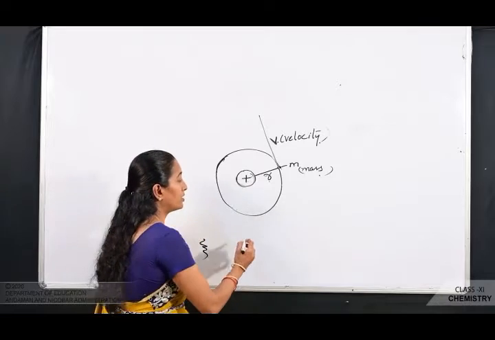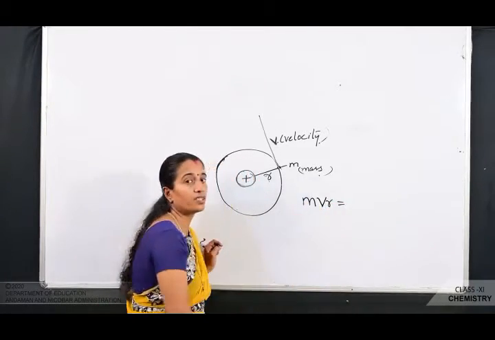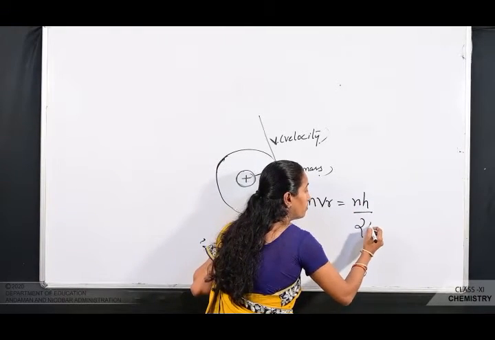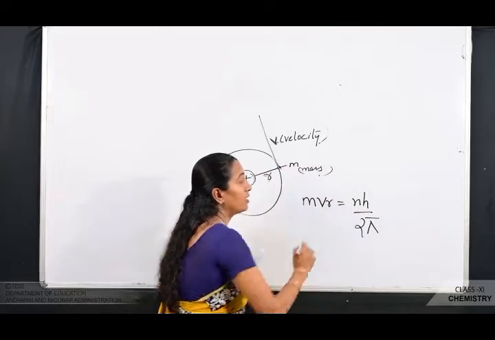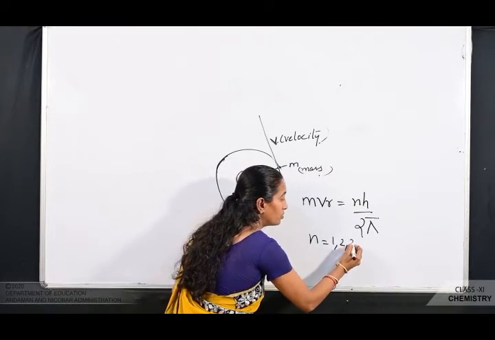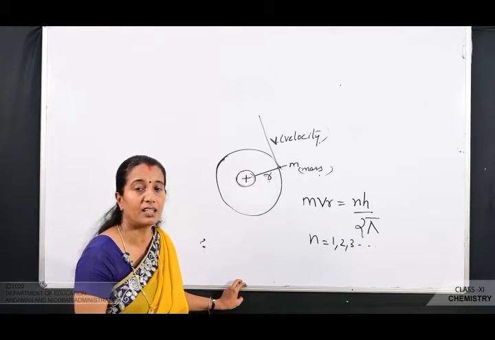Then the angular momentum is mvr, which is equal to nh by 2 pi. Here the value of n is an integer, equal to 1, 2, 3 and so on. The value will not be a decimal.